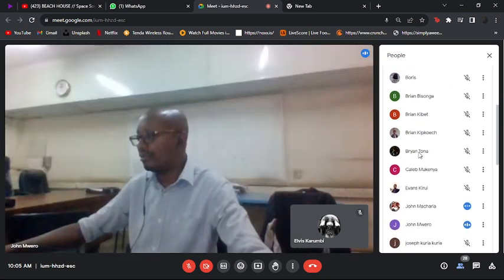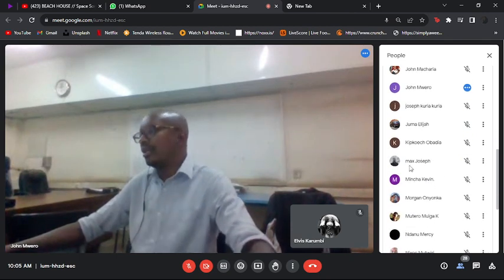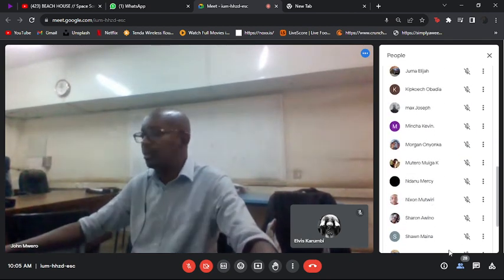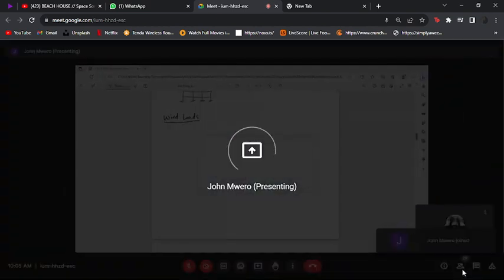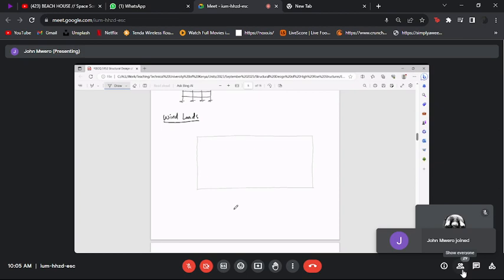I've not shared. Okay, let me just share. Here. So I'm just sketching some simple rectangular building that I want us to use for the discussion of these lateral loads.